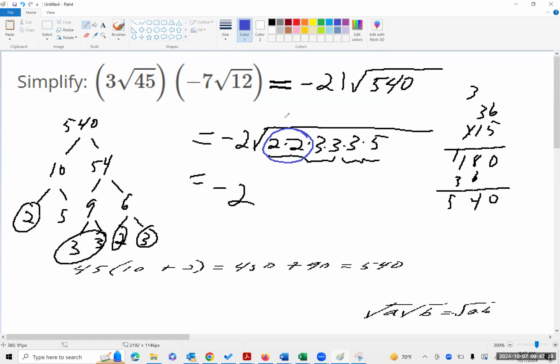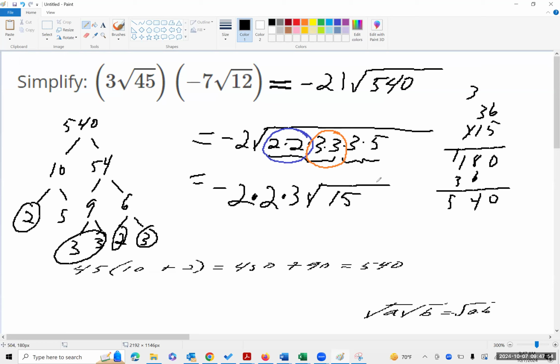So what I'm gonna do is for every pair, I'm gonna take out 1 because that's what we mean by the square root. So for those 2 that I just circled, I'm gonna take out 1. And then for the 2 3s here, I'm gonna take out 1. And since I can't make pairs anymore, the rest is gonna stay inside.